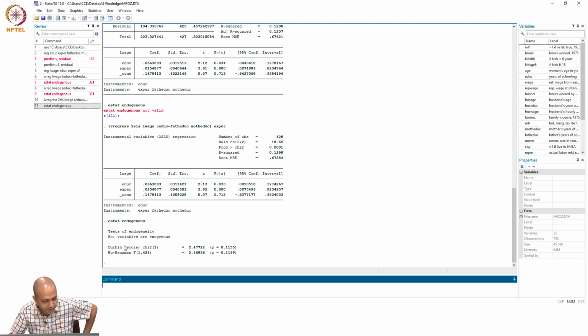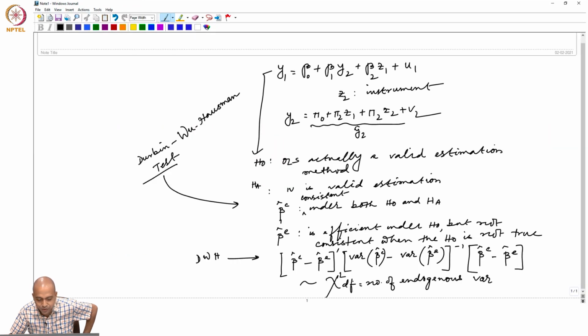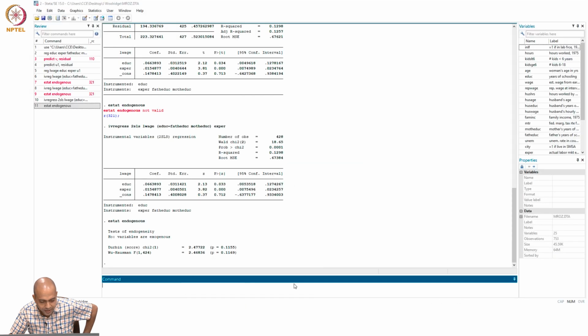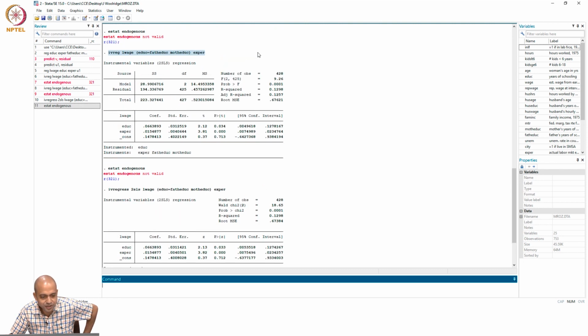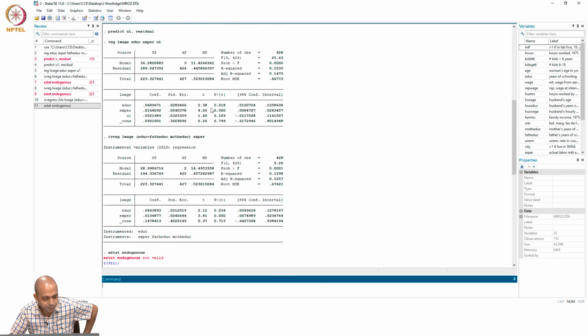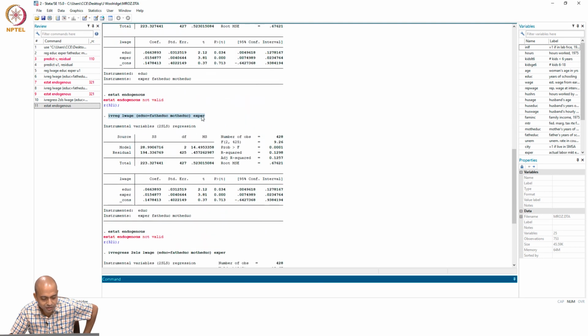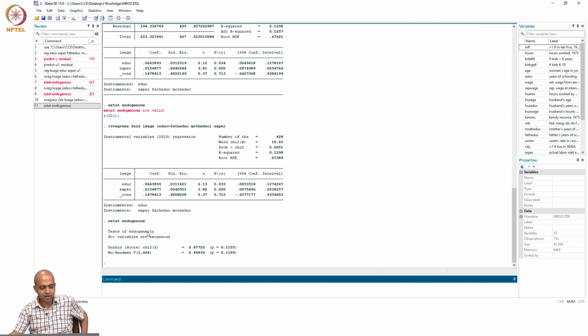In this output we have one Durbin score, and that Durbin score comes from here, because this is a chi-square distribution. But the Hausman test that we manually did is basically an F test, which is the square of this t. So, Stata is reporting the Durbin chi-square score as the Durbin-Wu-Hausman test.